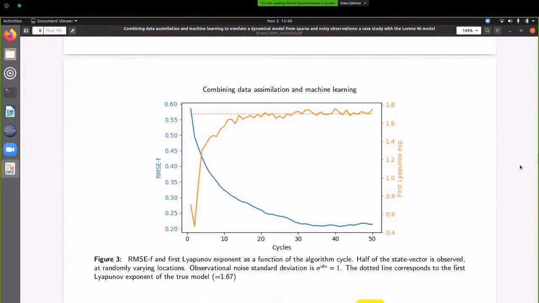Thanks. So this is the outcome, essentially. As we said, the whole algorithm moves in cycles, and every cycle is a full network fit and a full EnKF application. And what we see here is, let's look at blue. The blue curve is the forecast error.